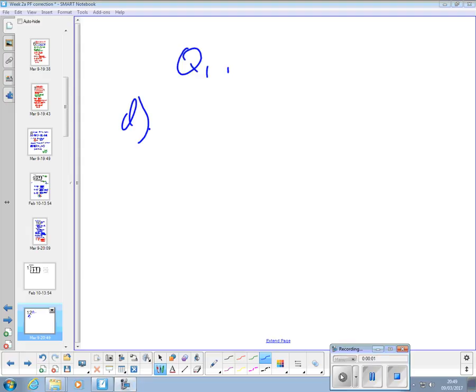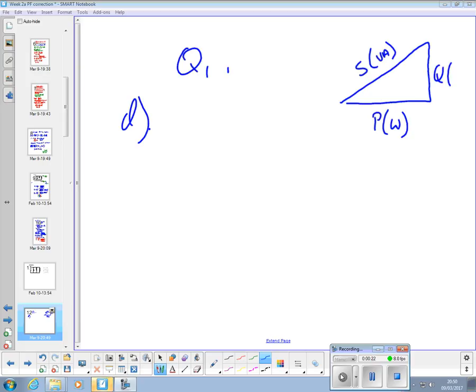Going back to last week, we had a power triangle where this was S in VA, this is power in watts, and this is reactive power Q in VARs, volt amps reactive. Remember that, yeah?